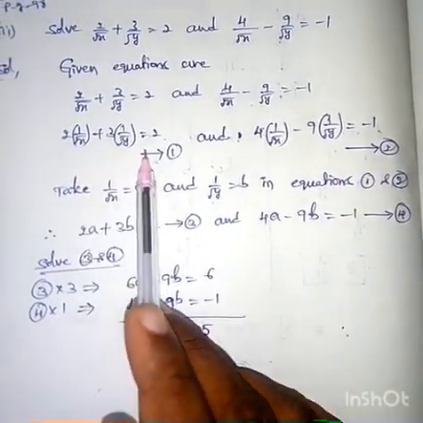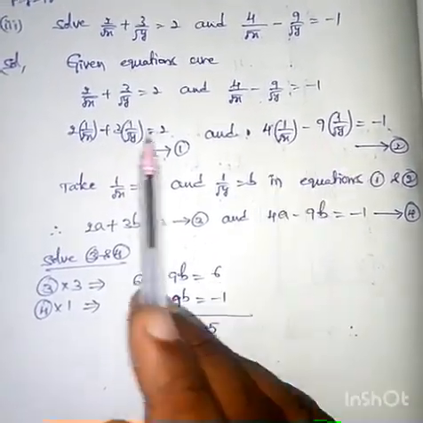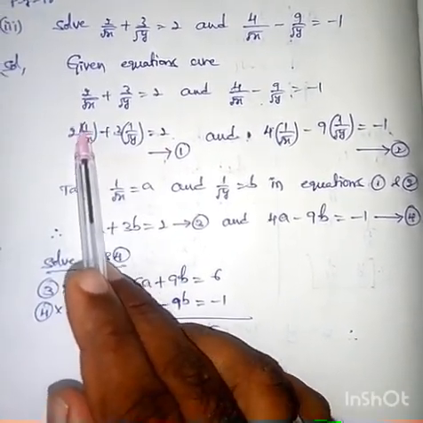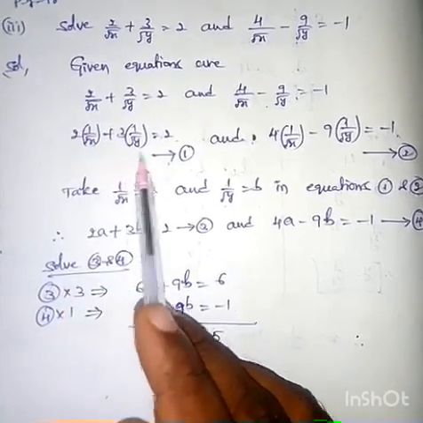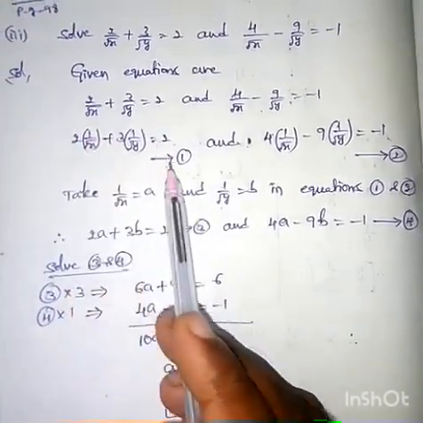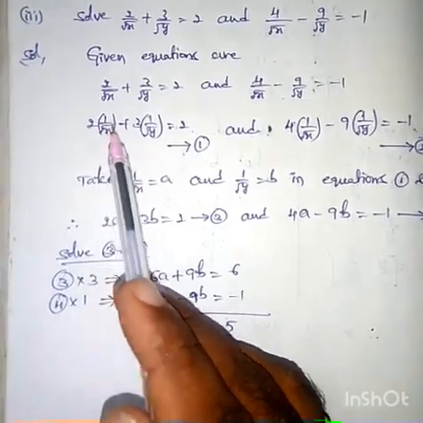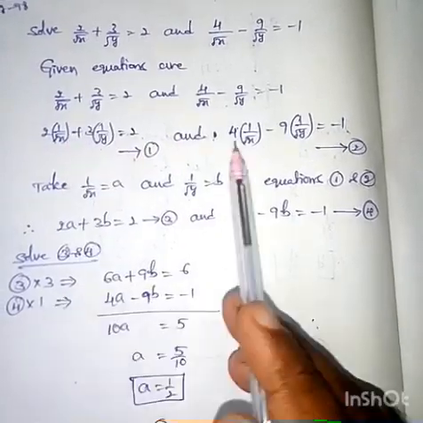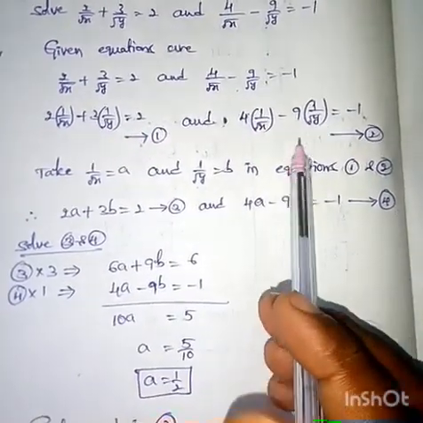Students, if you observe equation 1 and equation 2, here we have a common property, that is, common terms we have in these equations. In equation 1 we have 1 by root x, and in equation 2 we have 1 by root x. So that means 1 by root x is a common term in both the equations.